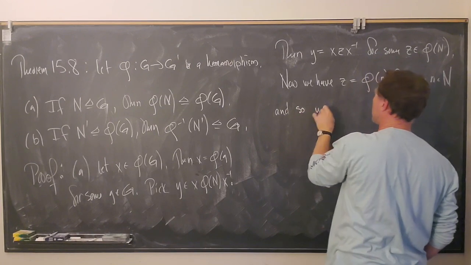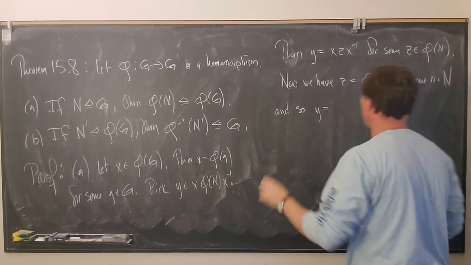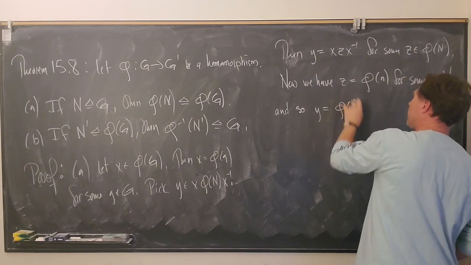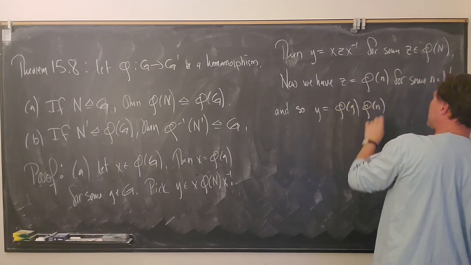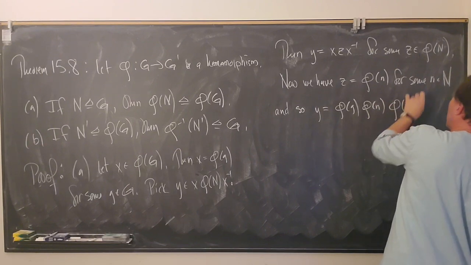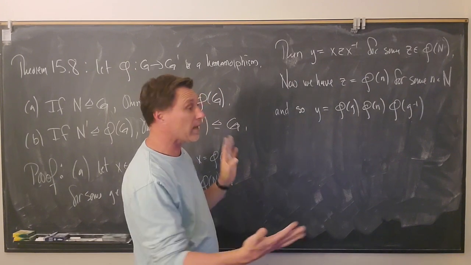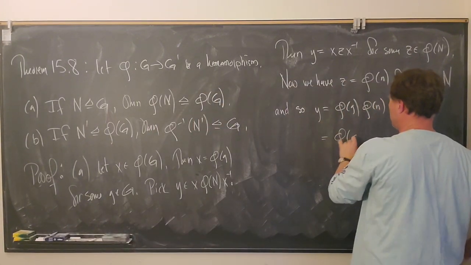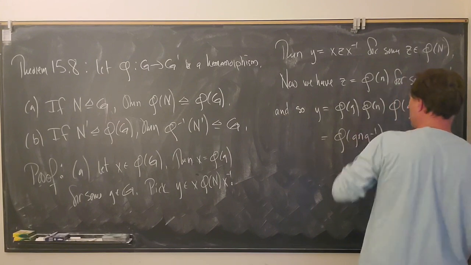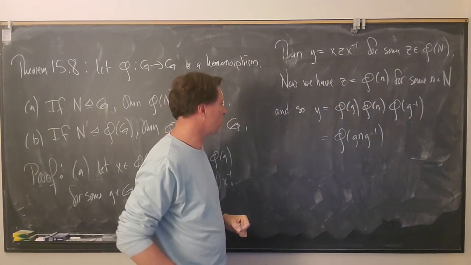X can be expressed as phi of g, so this will be phi of g. Then z is phi of n, and X inverse is phi of g inverse. I can combine all that, so this would be equal to phi of g n g inverse, right? Phi is a homomorphism, so I can put everything in one piece.